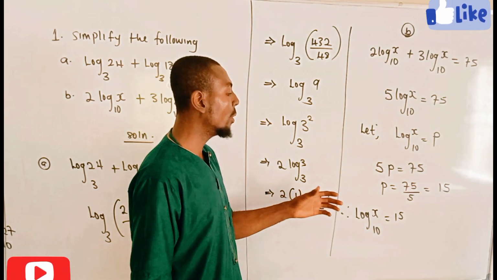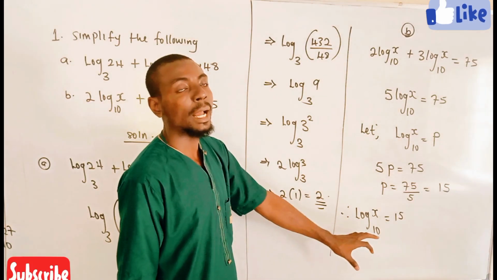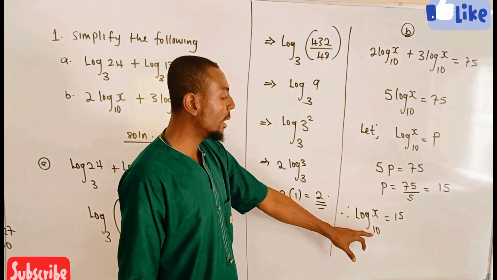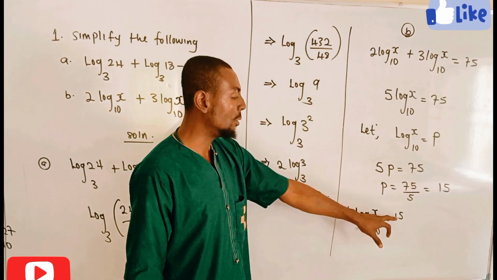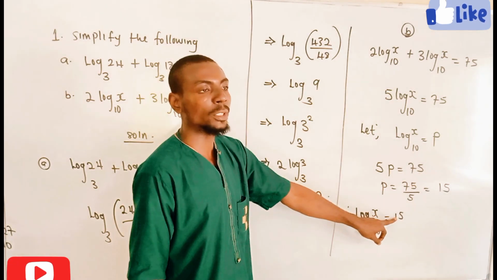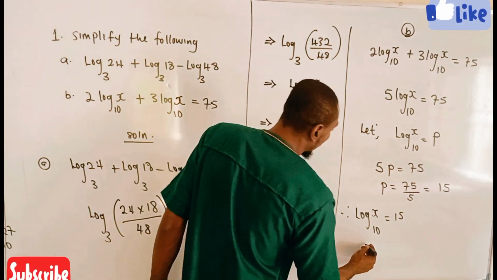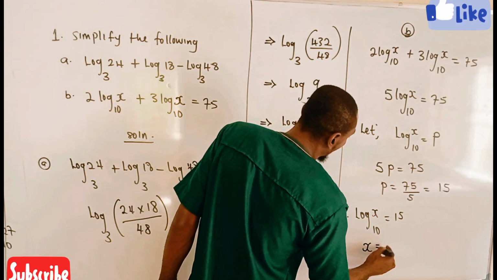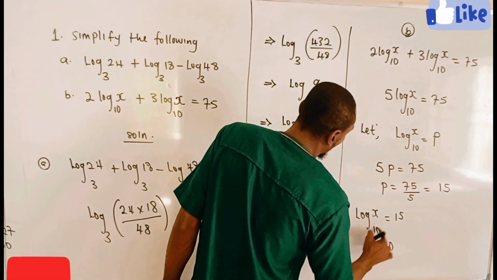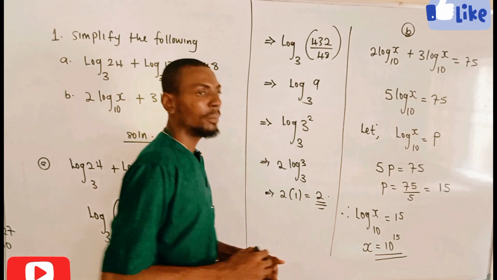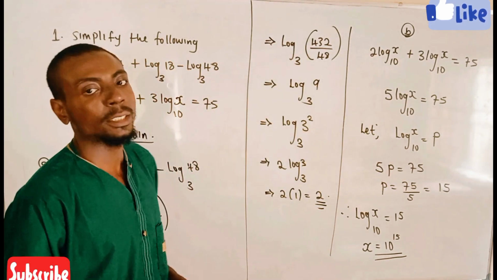So when a logarithm is represented in this form and you are to change it to the initial equation, you must take the base and raise it to 15, that's the number after the equal to sign, and make everything equal to x. So x will be equal to 10, which is the base, raised to the power 15. Answer.